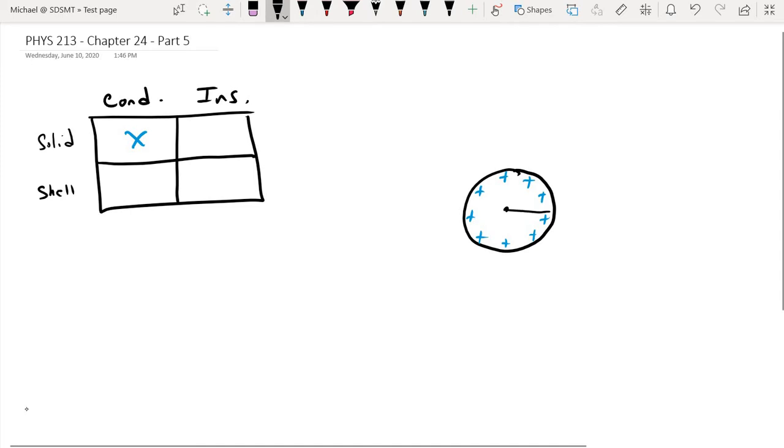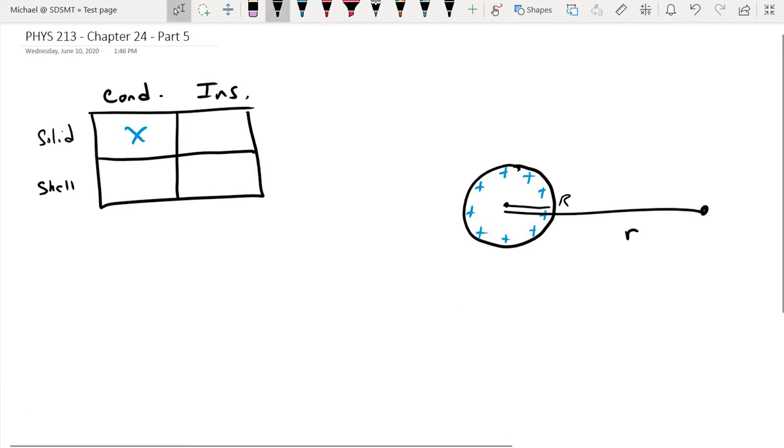Our sphere will have a radius of r, and we want to know the electric potential out here at some distance of little r. We can save ourselves a lot of work by using approaches from past videos.